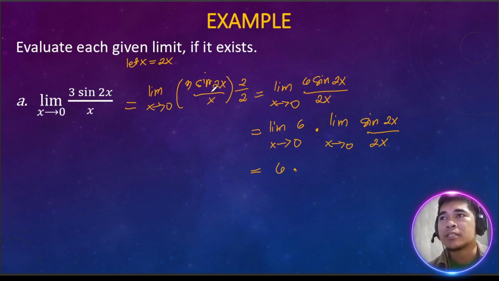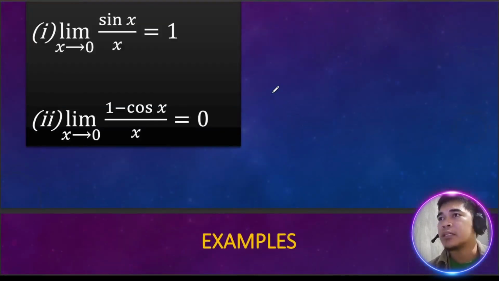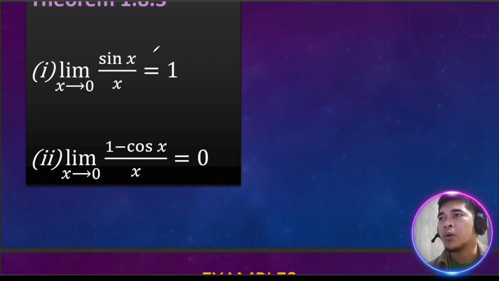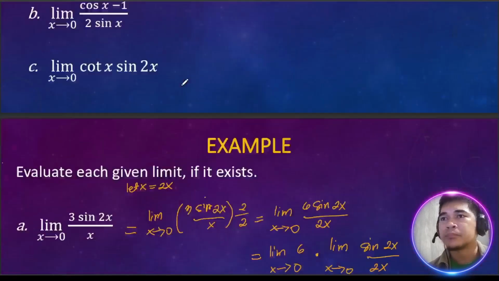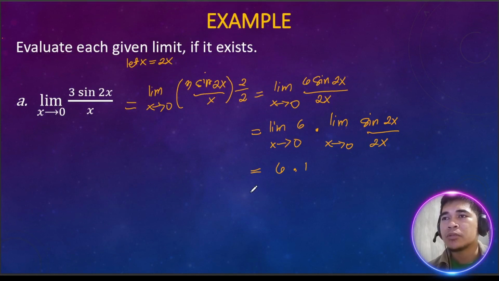Diba? Let na to x is 2x. So that is sine x over x na. And that is equal to 1. Diba? X approaches 0. Ma-apply na to ni nga theorem. So we get 1. So 6 times 1, 6. So that is the limit of 3 sine 2x over x as x approaches 0.